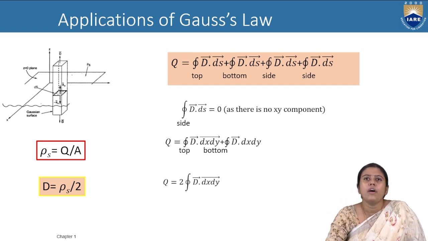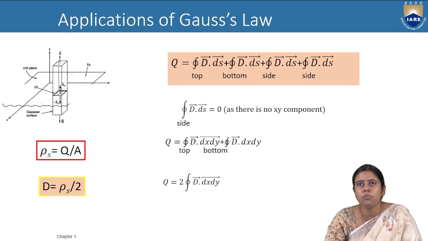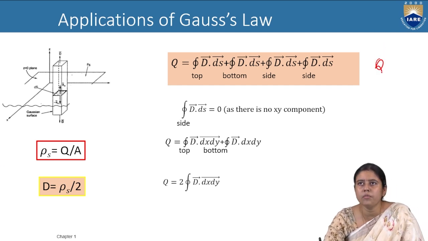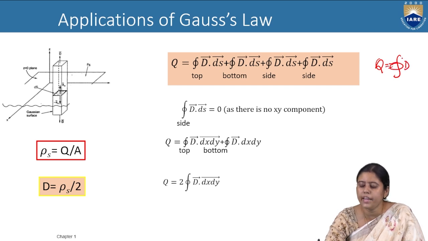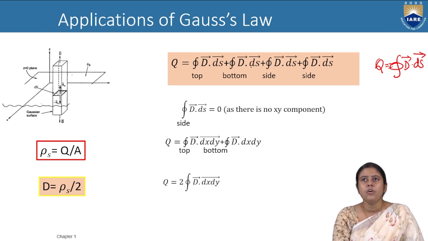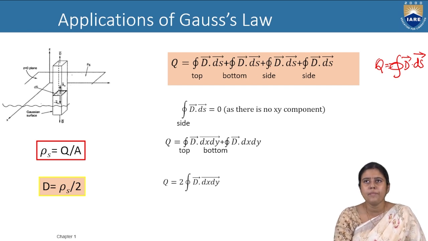So according to Gauss law, Q is equal to the closed surface integral of D dot ds. So now we get one term for the top, one for the bottom, one for one pair of sides, and one for the other pair of sides. Now what is D dot ds?